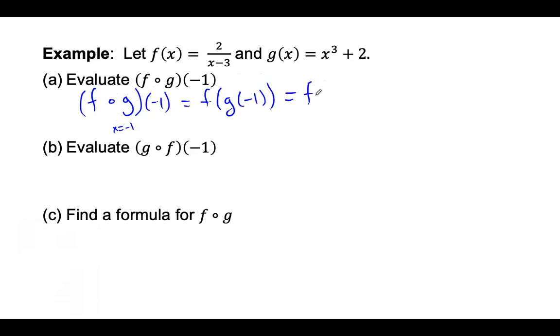So it's again the idea of inside out, where we evaluate what's inside the brackets first. So we leave the F alone for now, and then we plug in -1 into G. So our G is X cubed plus 2. So this would be (-1) to the power 3 plus 2, in brackets.